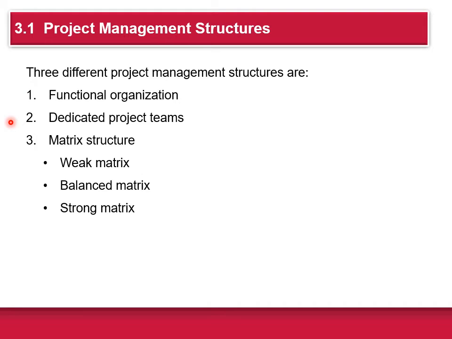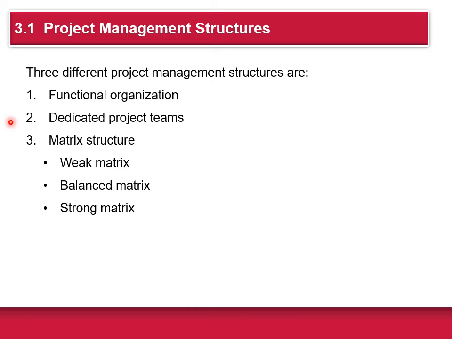So once management approves a project, then the question becomes, how will the project be implemented? This chapter 3 examines 3 different project management structures used by firms to implement projects: functional organization, dedicated teams, and what's called a matrix structure.